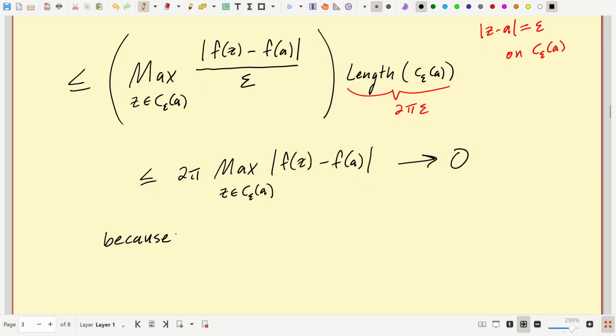So, in fact, all I need to know is that f is continuous. I didn't even need to know that the difference quotient has a limit, because f analytic implies f is continuous. So as that epsilon gets small, that max tends to 0. Questions about that?